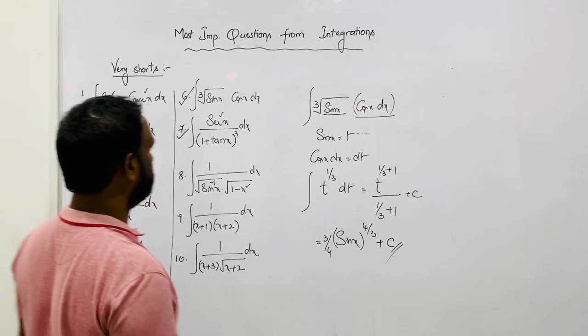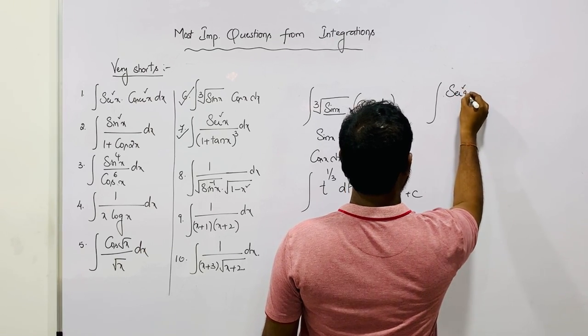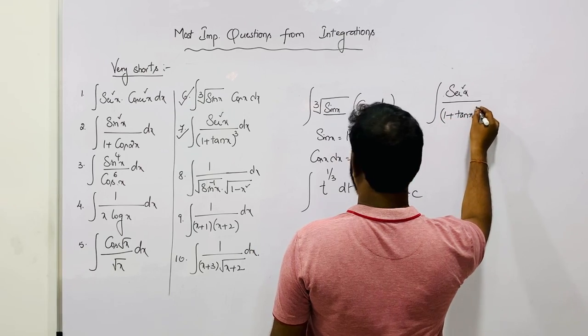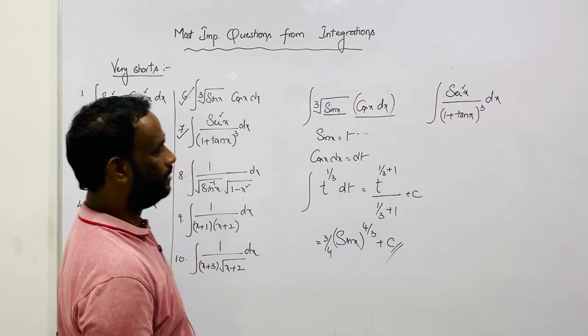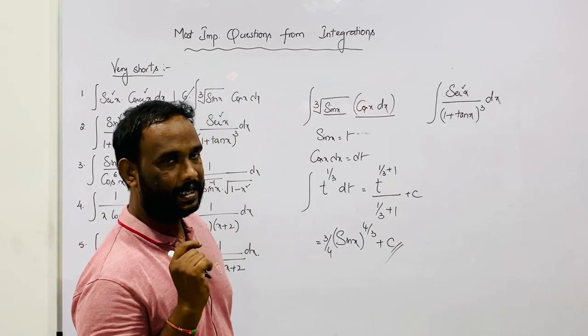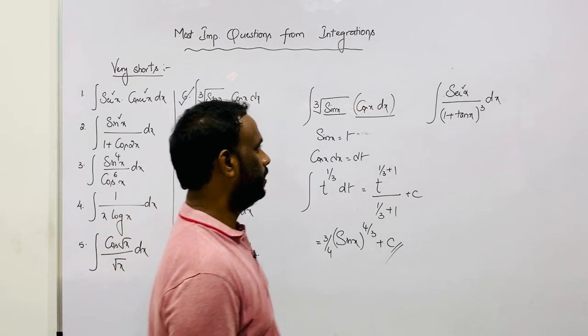The seventh problem is also the same, that is the integral of secant square x divided by 1 plus tan x whole cube dx. Here also there are two functions, 1 plus tan x is one function and secant square x is the second function. By considering which one as t, the other function is removed as dt?